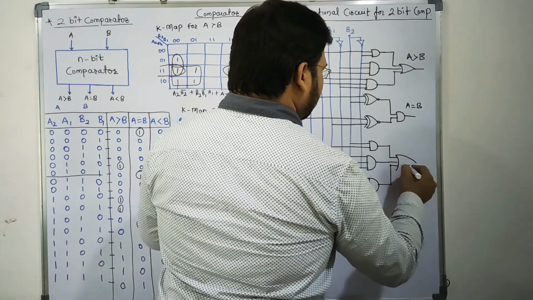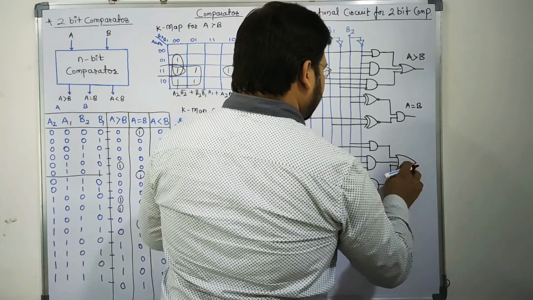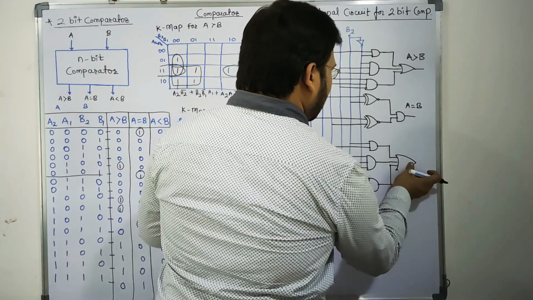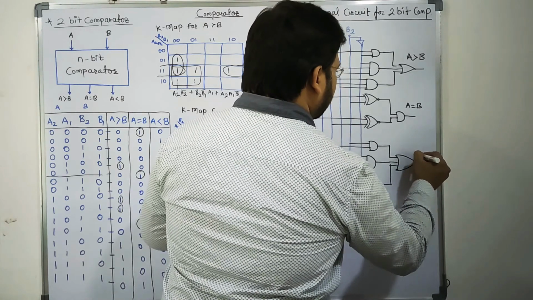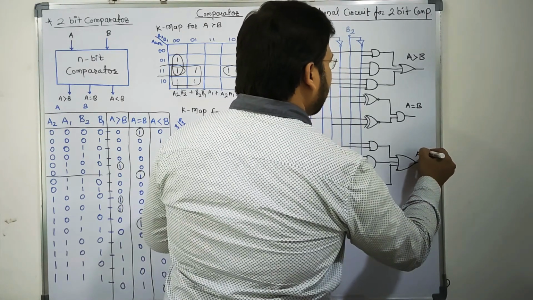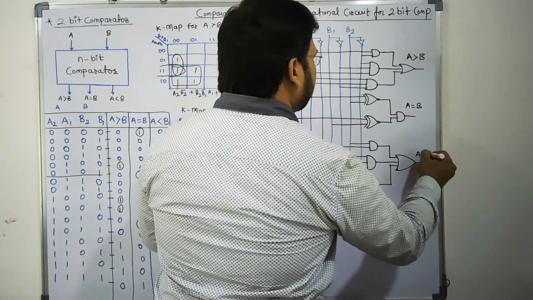These also connect to one of the OR gates. So here I connect to one of the OR gates, that is A is less than B.